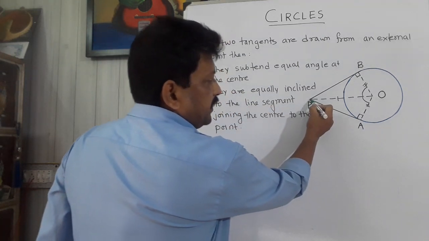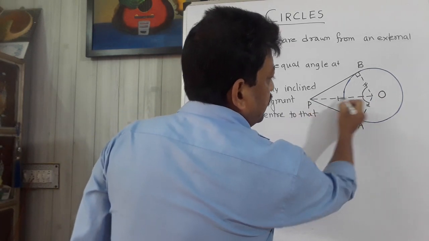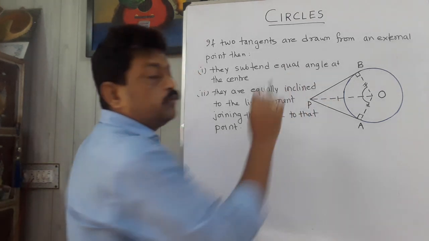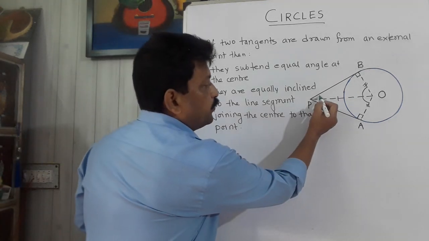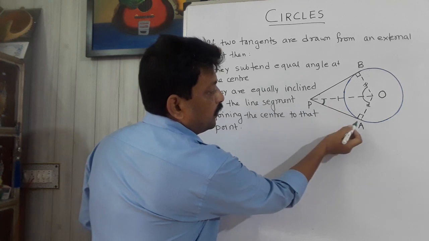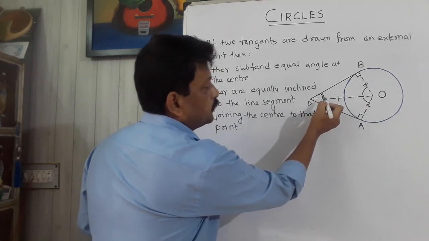From point P the tangents are drawn. Now if we join this point with the center, we will get a line segment OP. The tangents are equally inclined to that line segment OP. Means we have to prove that angle OPA is equal to angle OPB.